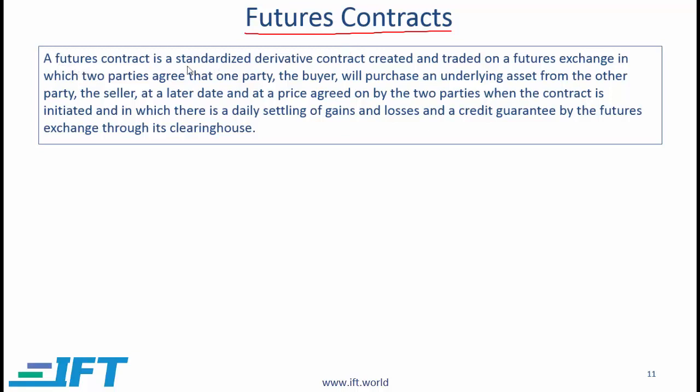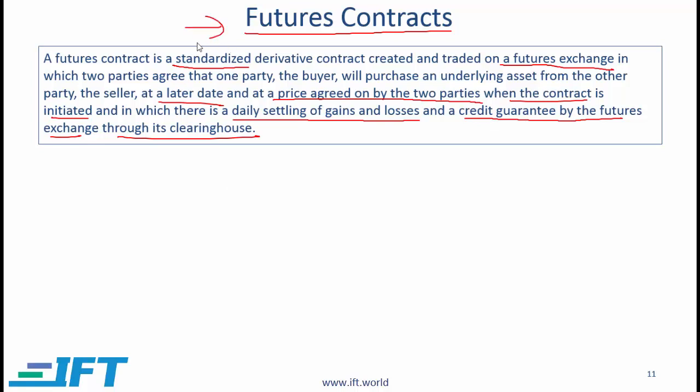A futures contract is a standardized derivative contract created and traded on a futures exchange in which two parties agree that one party, the buyer, will purchase an underlying asset from the other party, the seller, at a later date and at a price agreed on by the two parties when the contract is initiated, and in which there is a daily settling of gains and losses and a credit guarantee by the futures exchange through its clearinghouse.